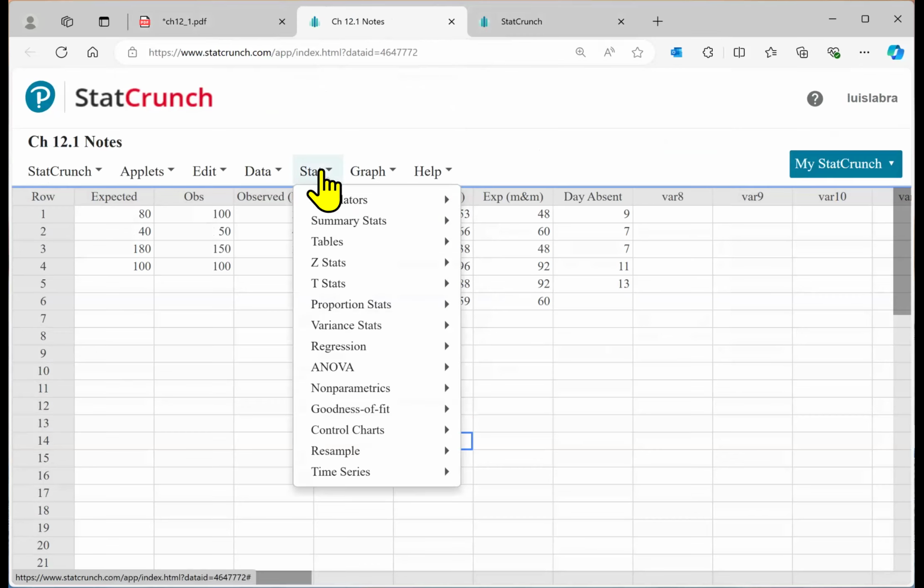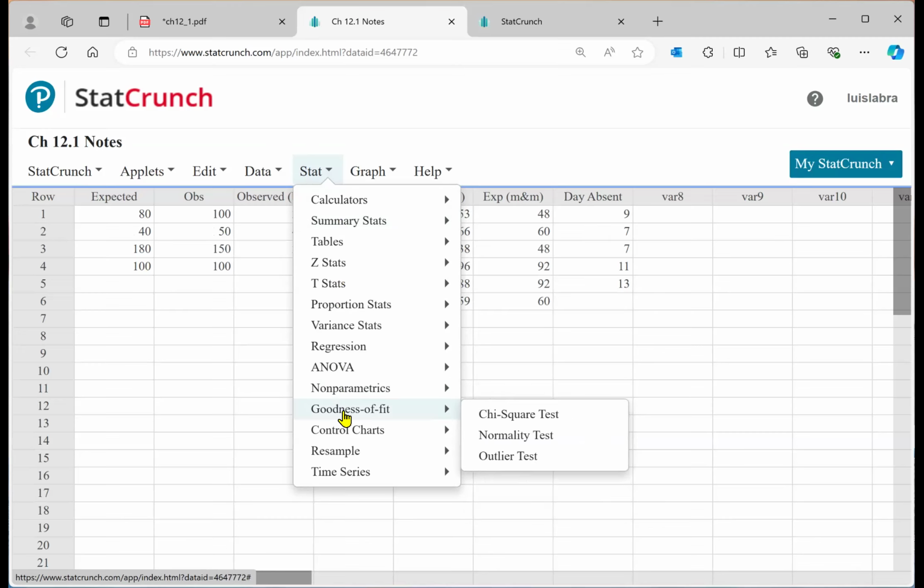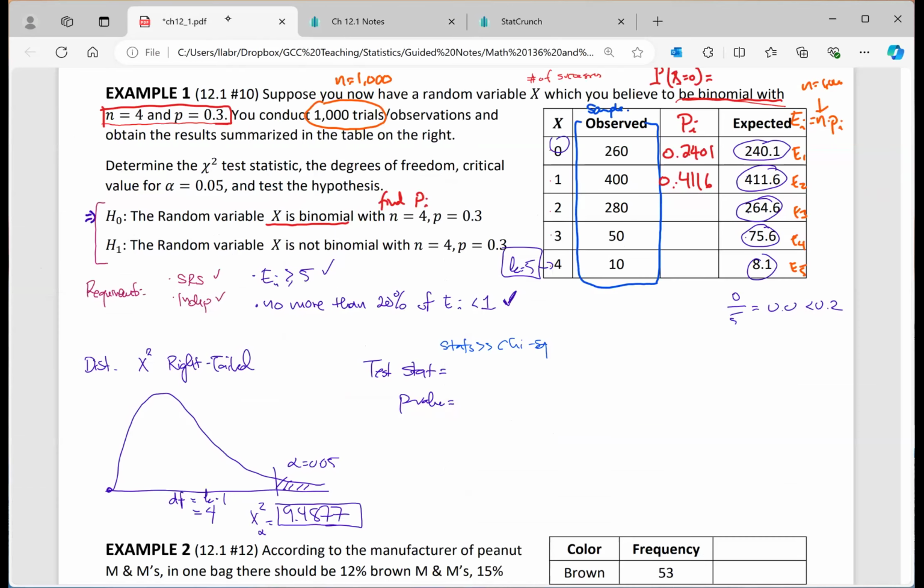All right, so let's go to Stat, and I'm going to go to goodness of fit. Oh man, did I write the wrong thing down? Yeah. So it's going to be Stat, goodness of fit, then chi-squared.